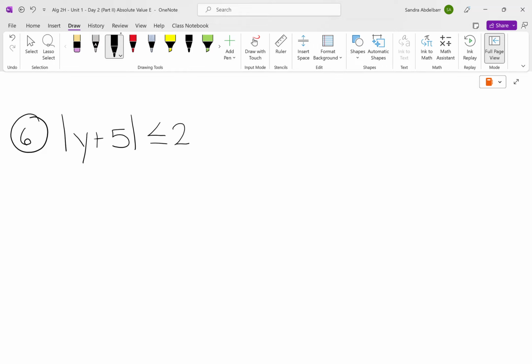Absolute value of y plus 5 is less than or equal to 2, or the absolute value of y minus 5 is less than or equal to 2.